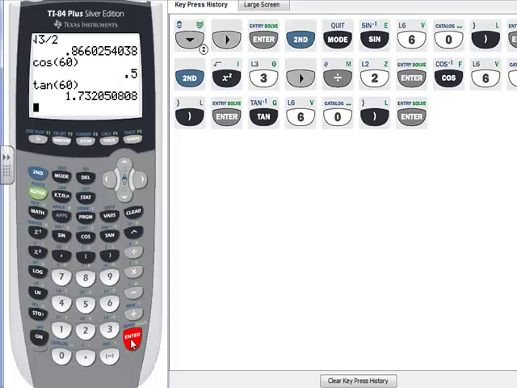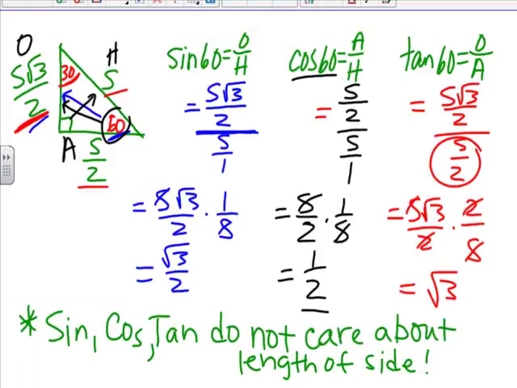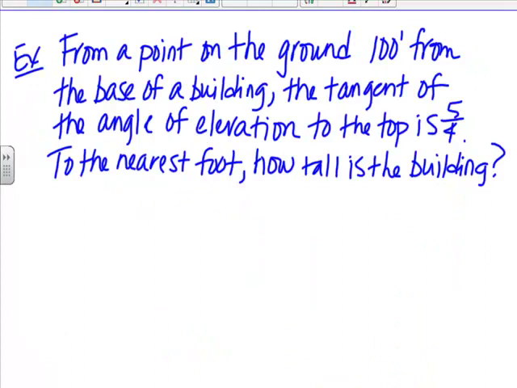Now, don't get freaked out here. This is the first foray into trigonometry, but I'm trying to start getting you to see where we're headed. So, just for kicks, one other problem that you would be expected to be able to do. From a point on the ground, 100 feet from the base of a building, the tangent of the angle of elevation is 5/4.